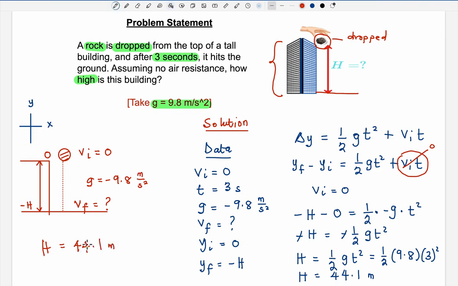And this is the same as the height of this building. So yeah, this is a very simple and straightforward problem or experiment we can use to determine the height of buildings by simply dropping an object from the top of the building and then timing how long it takes the object to hit the ground.